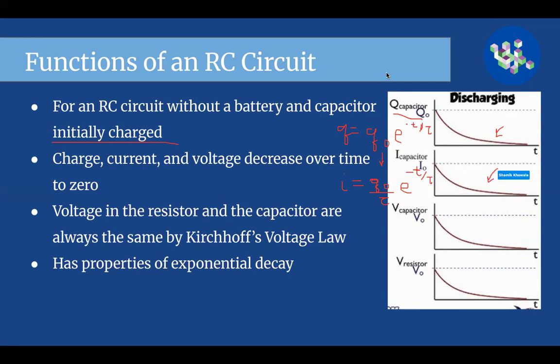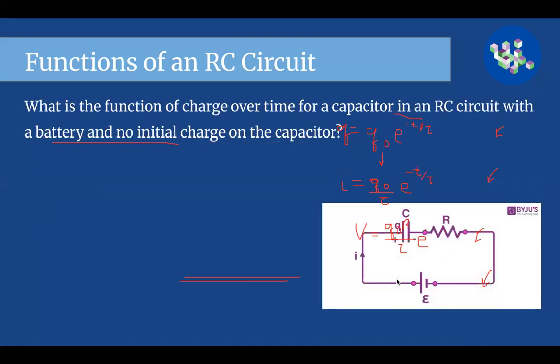Using V equals IR, you can write V equals Q naught R over tau times your decay function. So you're going to get this decaying thing. All of these will decay, everything is going to go to zero in this situation. Exponential decay, that's the important thing about discharging in an RC circuit. Next slide. Are there any questions on that?